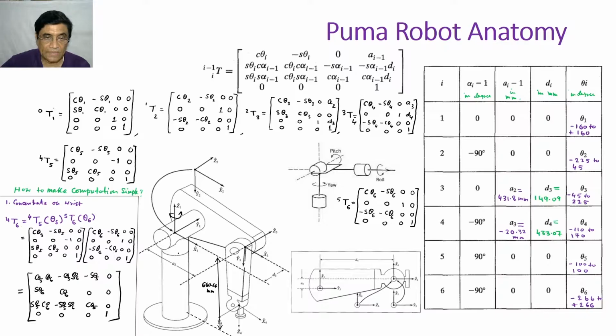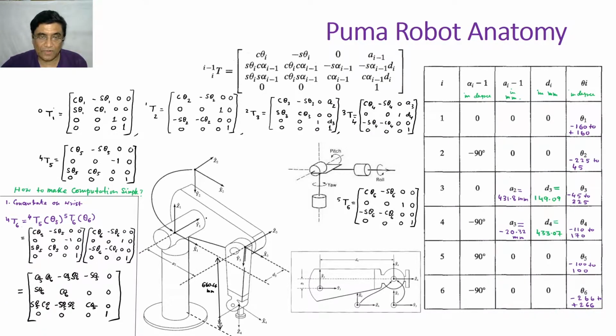So Puma has a base and a stand, just like our leg, our body, 660.4 millimeters in height from the ground to the shoulder.